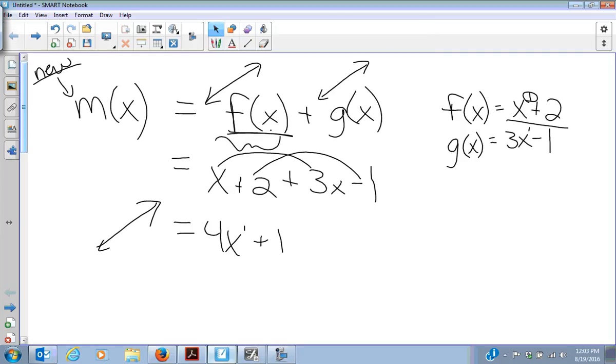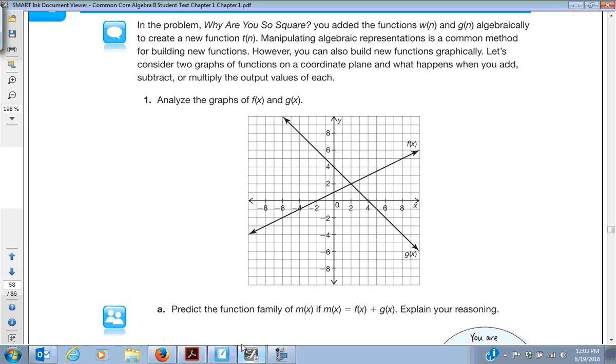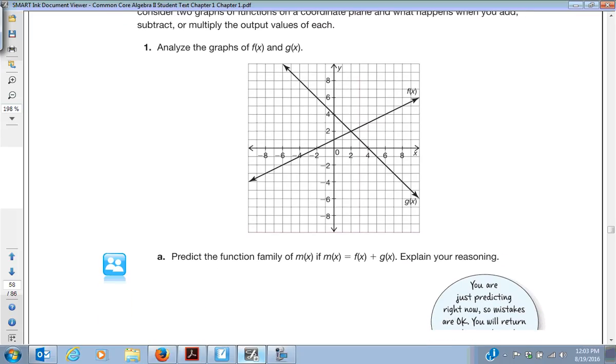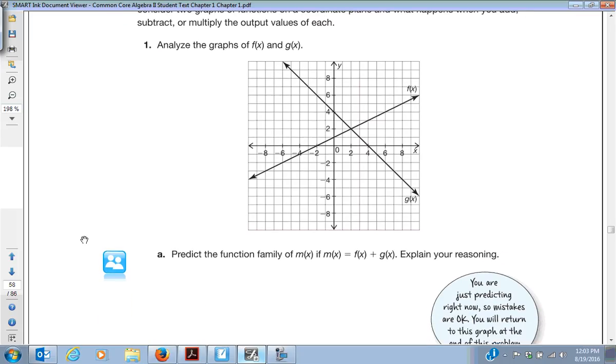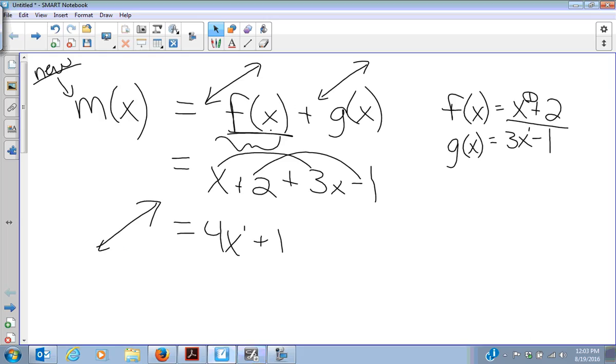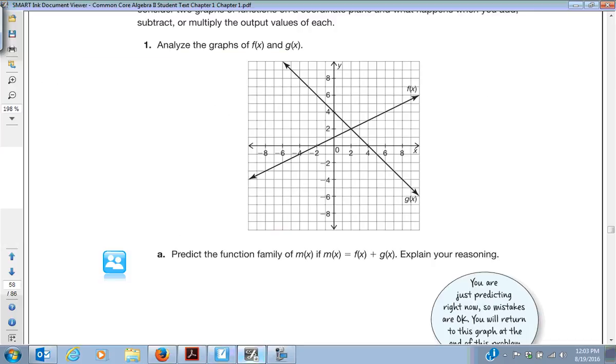Now let's go back to what they have us do. They're going to give us something like this instead. And here they're going, hey, here I gave you the functions, right? Here, what are they giving you? They're giving you the graphs.